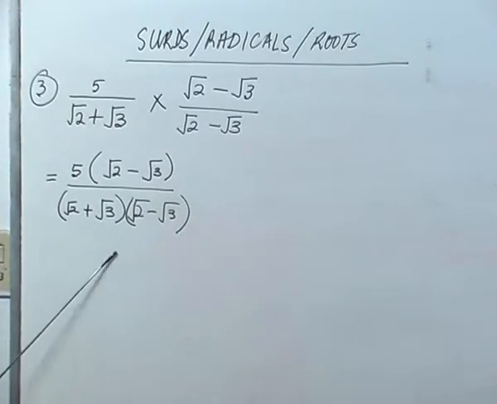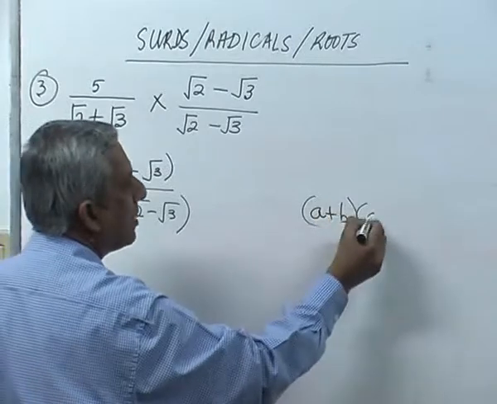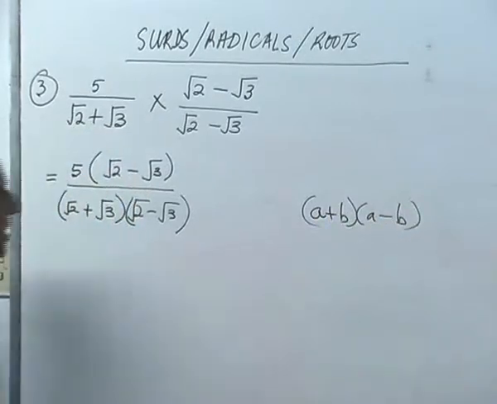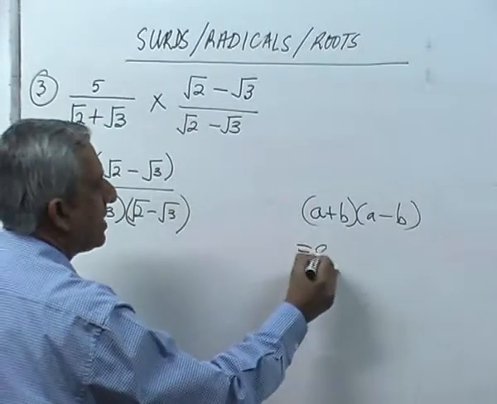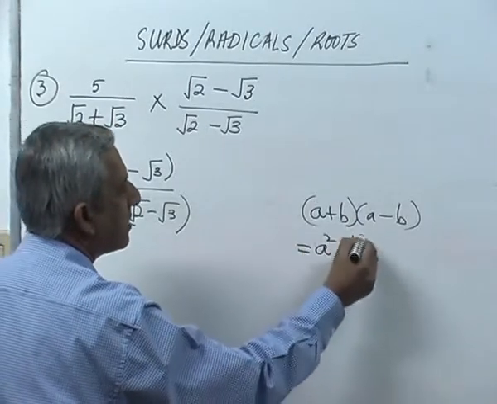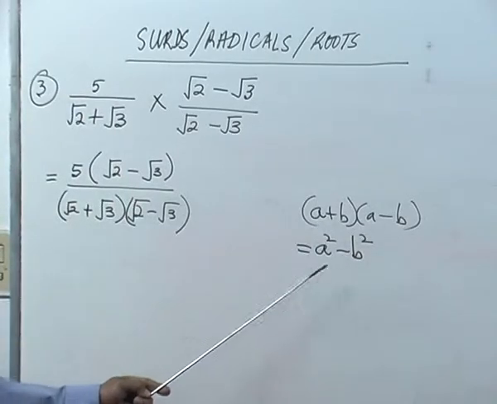Now this is like a plus b into a minus b. It's like that. And if we did that, we would have said the answer is a squared minus b squared. A plus b into a minus b is a squared minus b squared.